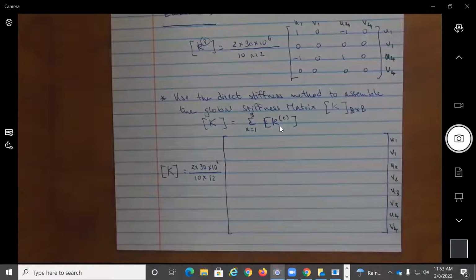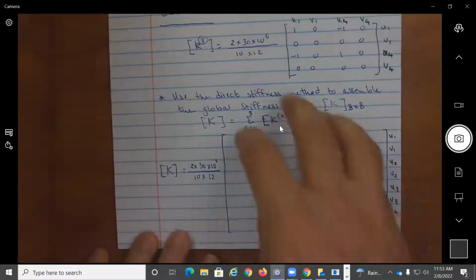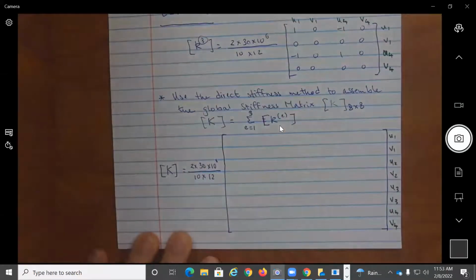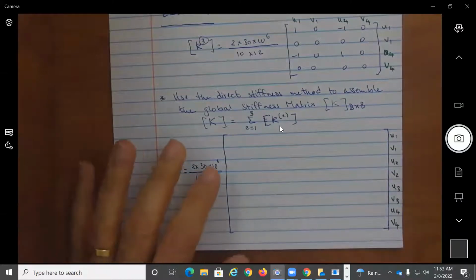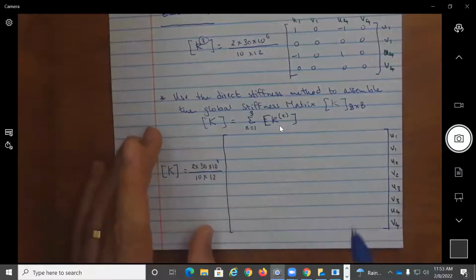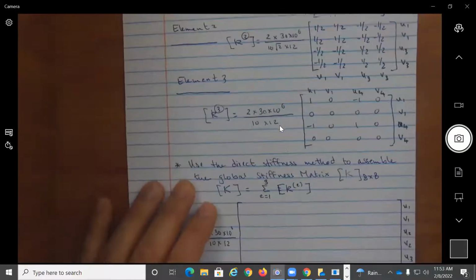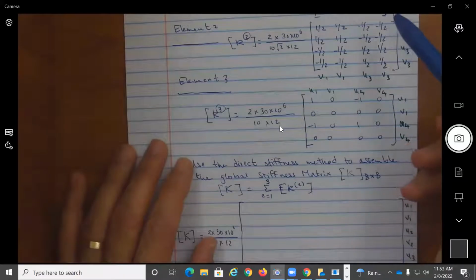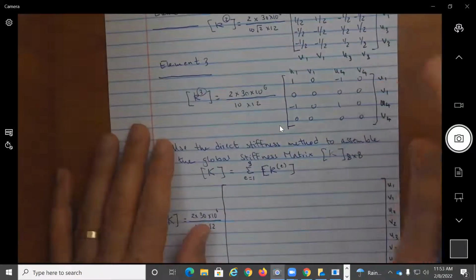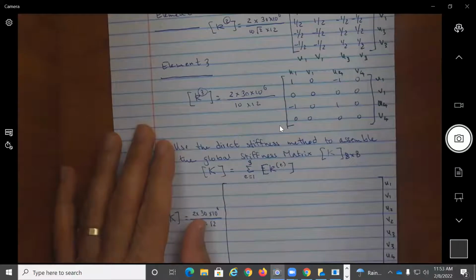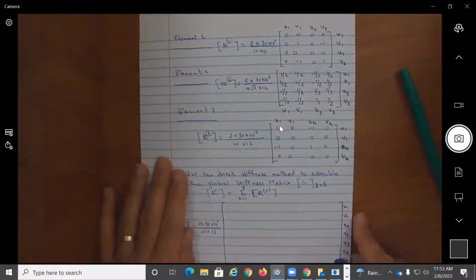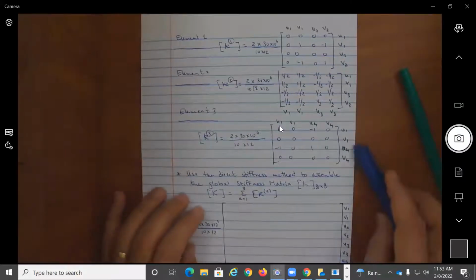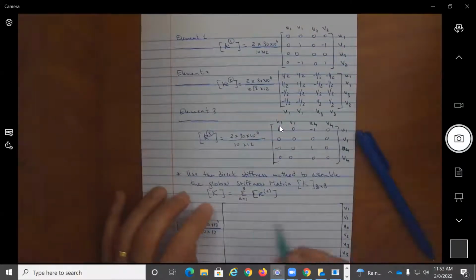And where do you expect the majority of non-zero entries to be? Over here. And we're going to have a bunch of zeros on the sides of the diagram. So let's try to assemble that. I'm going to look at the contribution. If I look at, may I just zoom out a little bit so you can see? Is this still readable? Okay. So I'm looking here. Yeah, let me mark my columns as well.